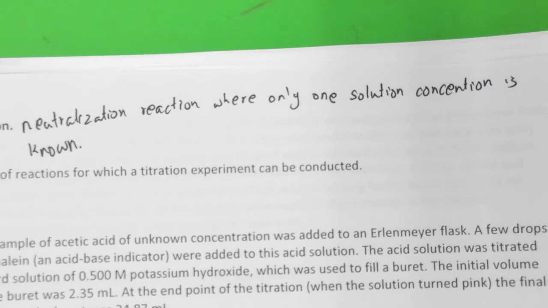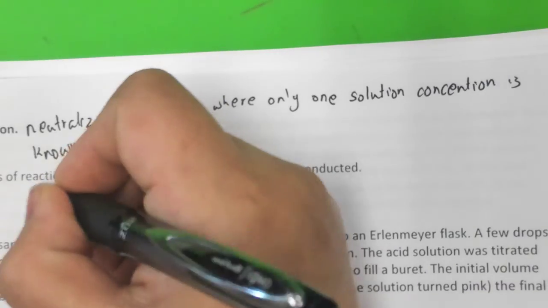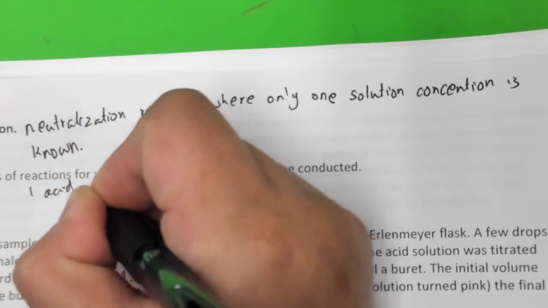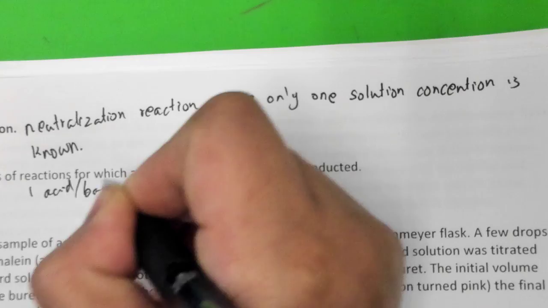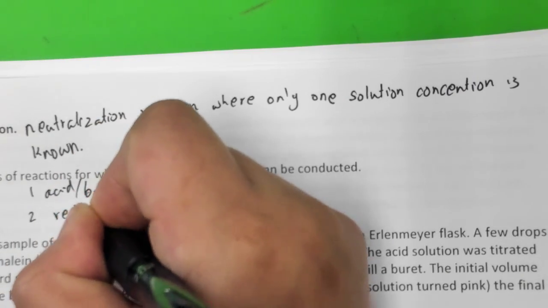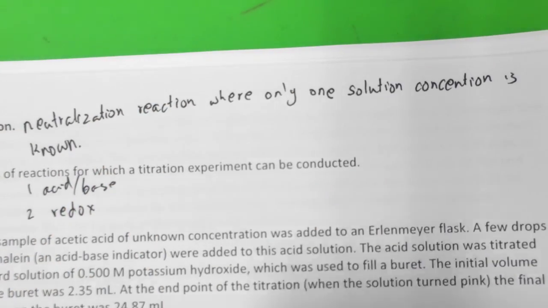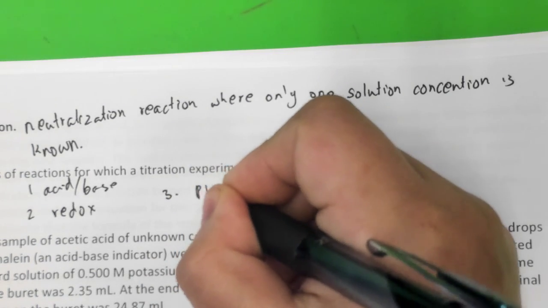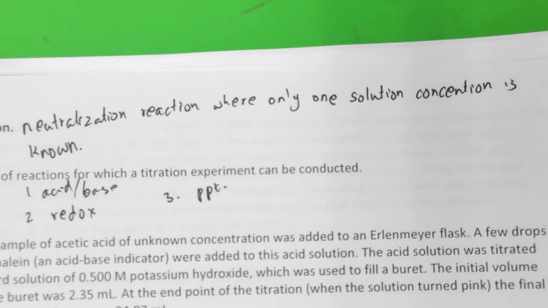So we said acid base, redox, oxidation reduction, and then some kind of precipitation reaction. You neutralize it, you precipitate it out.